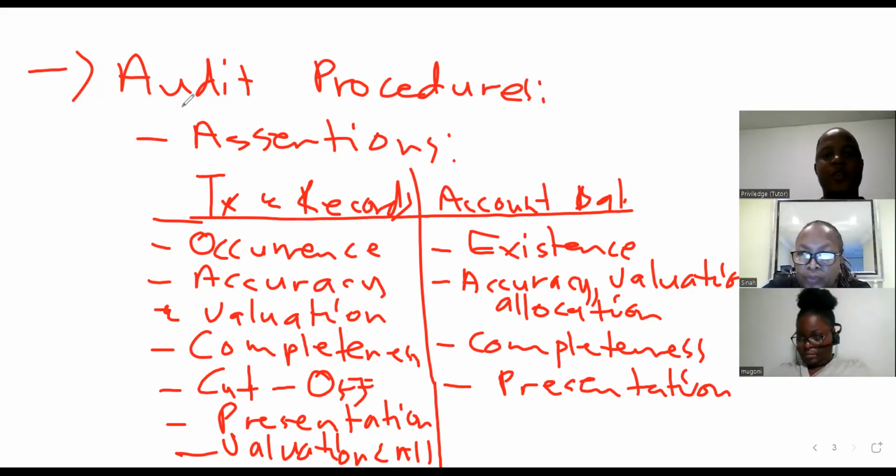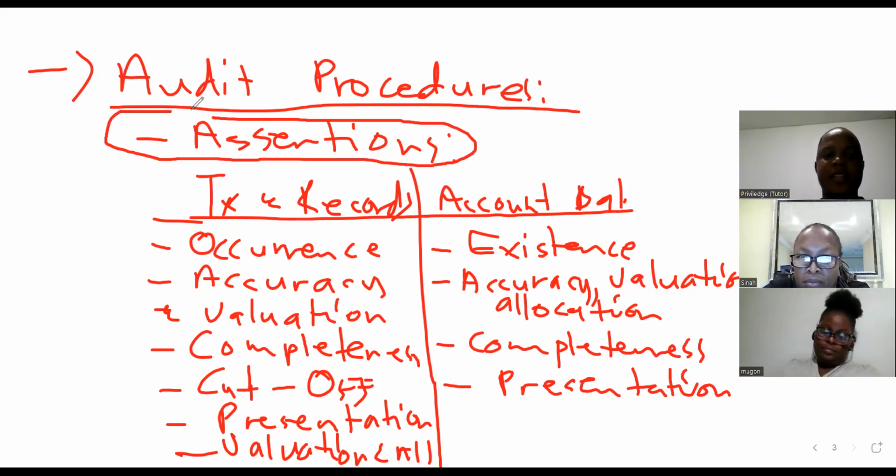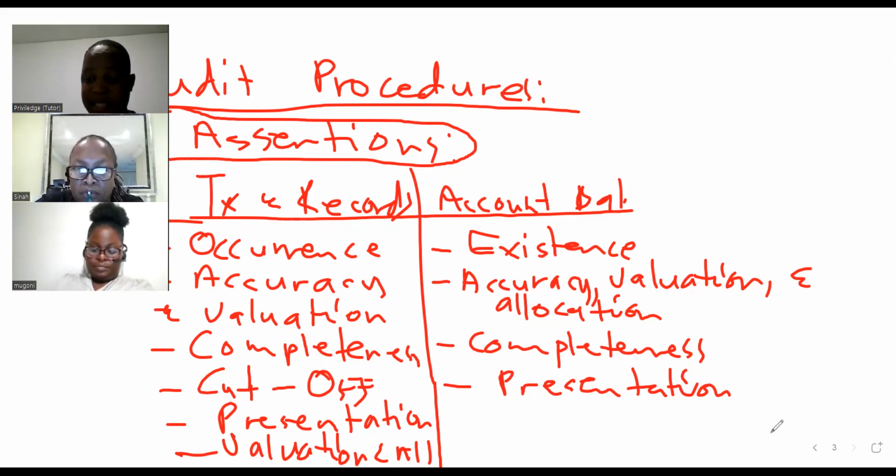So if ever they ask you for audit procedures, my sisters, they can be specific to say, perform the audit procedures on the inventory account for the following assertions. So they can mention occurrence, then you know, okay, with occurrence, I'm dealing with transactions and records. The moment you see the mention of assertions, you should think of your accounting process.